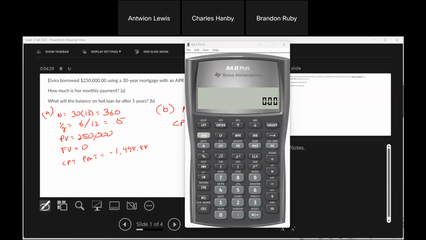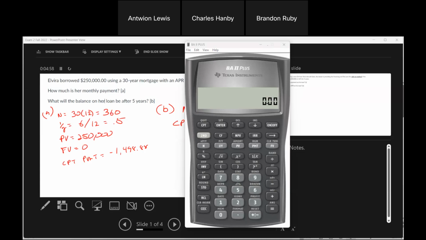Then we compute PV, and we get $232,635.89. So that would be the balance after 5 years, making 60 payments, assuming you didn't pay any extra. If you paid extra, that would reflect directly on the balance.